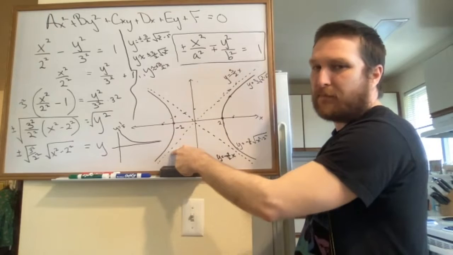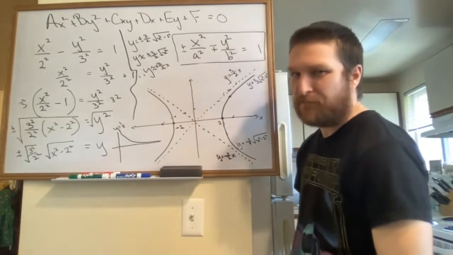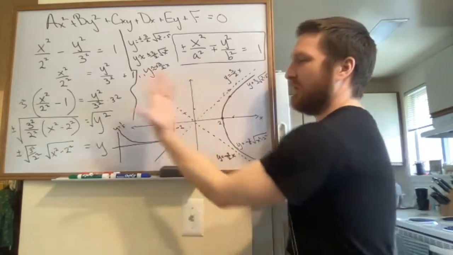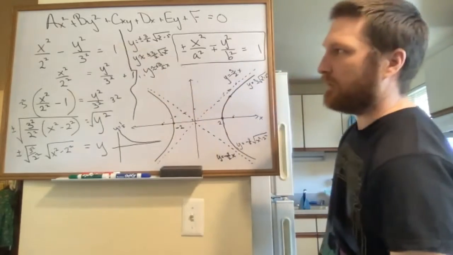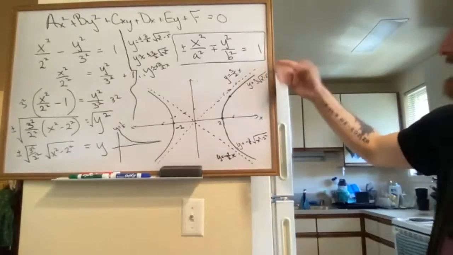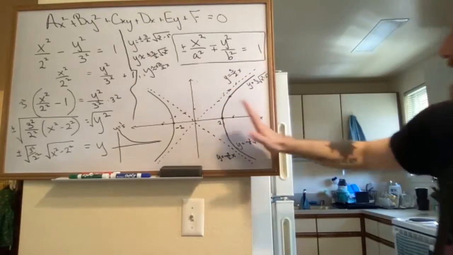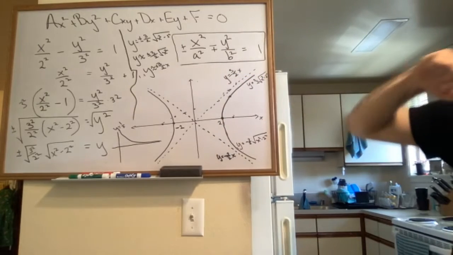Nothing funky is going to happen over here. We didn't talk about symmetry. You could show that this is symmetric across the y-axis very easily, but we didn't talk about it. At any rate, this line that the graph approaches as it gets bigger is given by that.